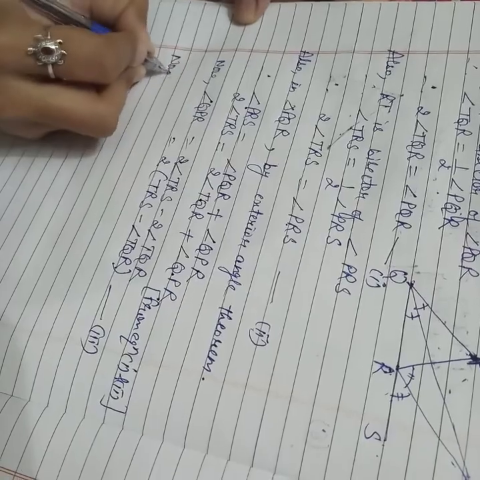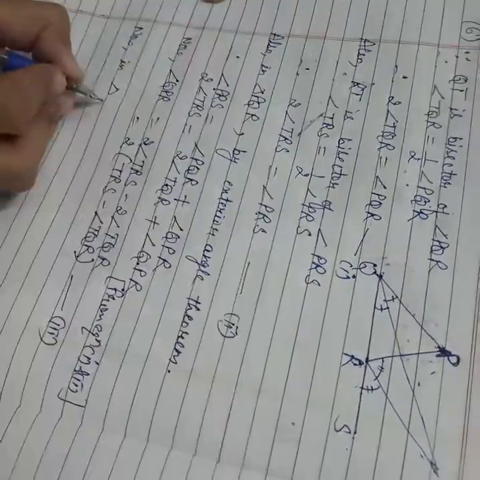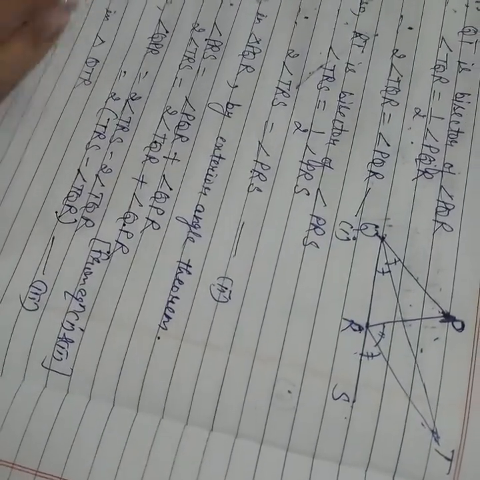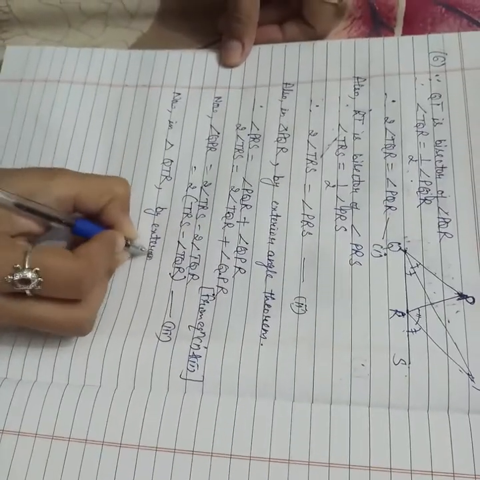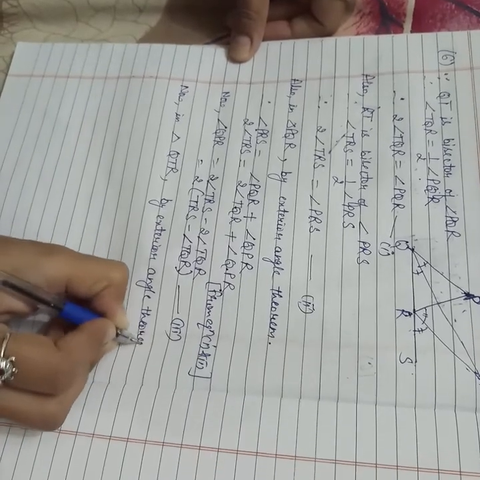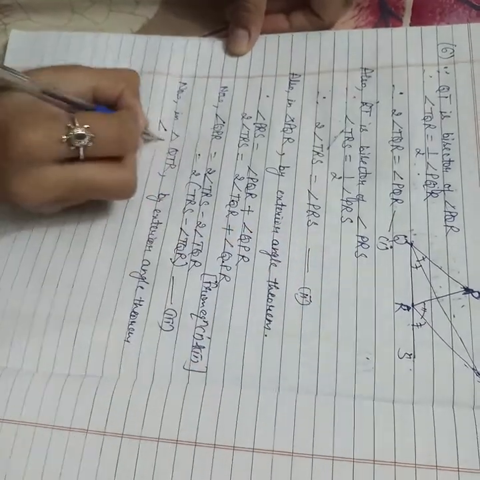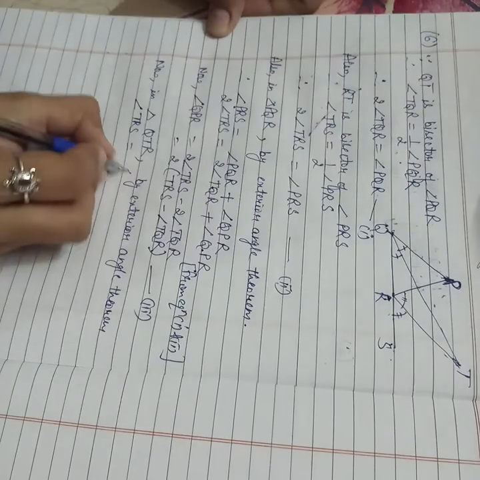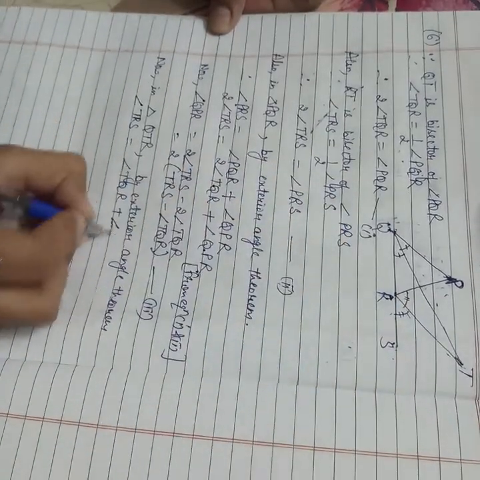Now in triangle QTR, again by the exterior angle theorem, we have angle TRS equals TQR plus angle QTR.